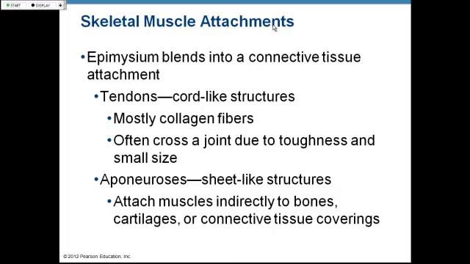Another good example is on page 216. You see the rectus abdominis muscle, one side's transected away, but on the other side where you see a lot of white, flat material, that is an aponeurosis that's attaching the abdominal muscles to one another. Sometimes tendons attach muscles to bone, sometimes they attach muscle to muscle.